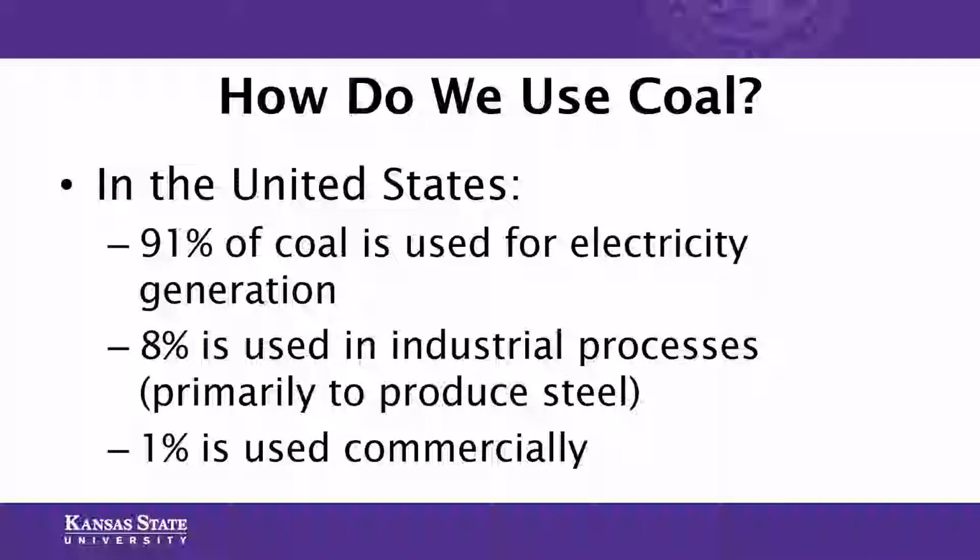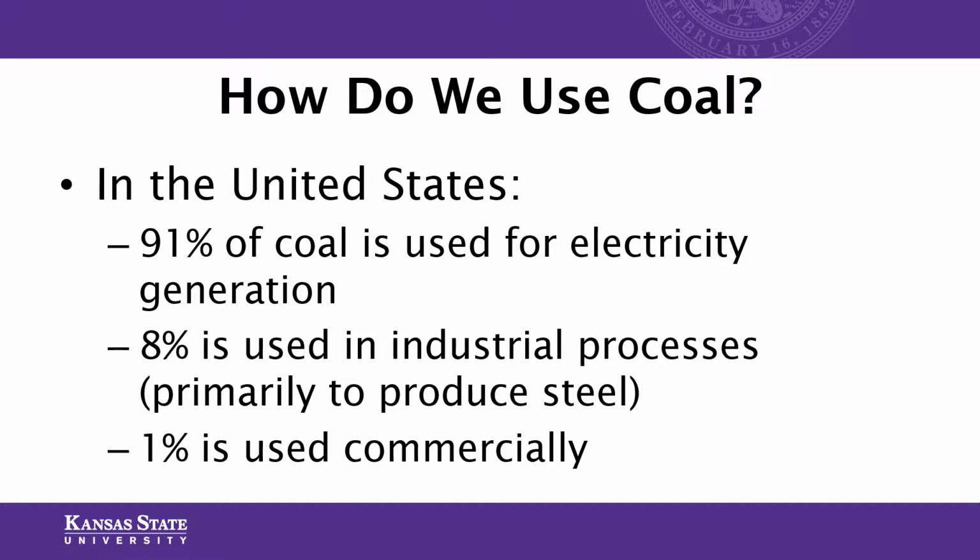Power plants make steam to turn their turbines by burning the coal, and that's how we generate electricity. Globally, about 41% of our electricity comes from coal, so not quite half, but it's still very important on a global scale in terms of generating global electricity needs.